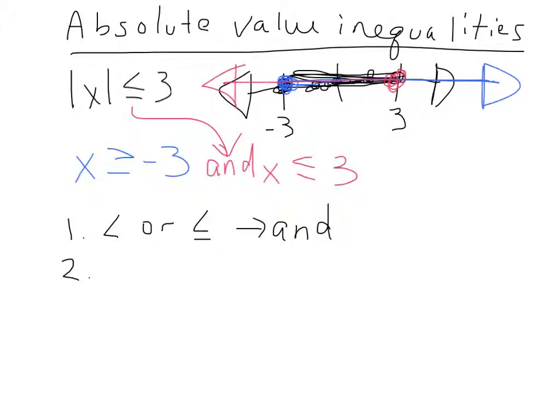2, for both the inequalities, what will we do on the left-hand side of the inequalities? We did what with the absolute value bars? Drop them. Does everyone agree with that?